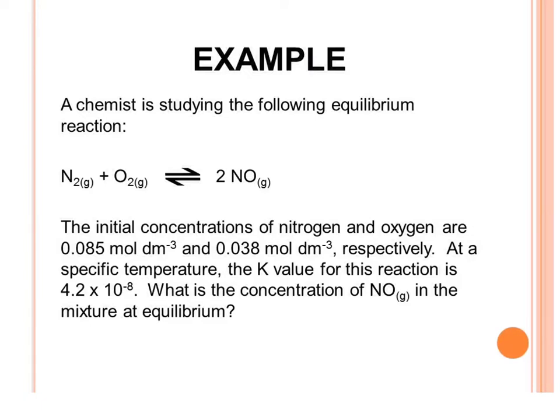We've got an example here of a reaction of nitrogen plus oxygen gas reacts to give 2NO gas. The initial concentrations of nitrogen and oxygen are 0.085 and 0.038 moles per decimeter cubed. The equilibrium constant is 4.2 times 10 to the minus 8.